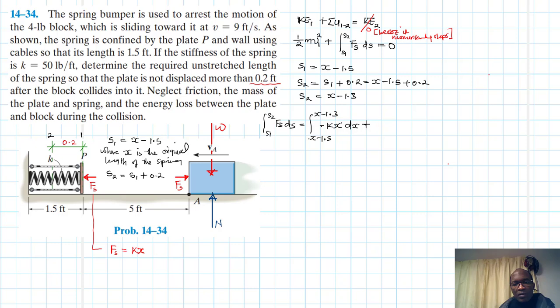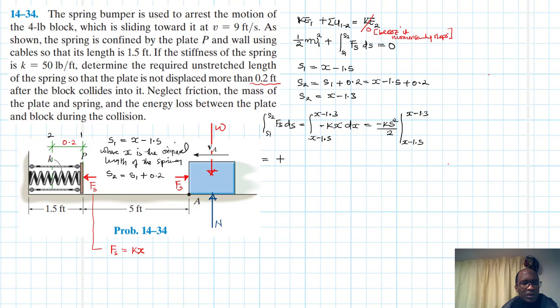So if we integrate this, it becomes k s squared divided by 2, evaluating this at x minus 1.5 and this one at x minus 1.3. So this therefore becomes equal to our stiffness.